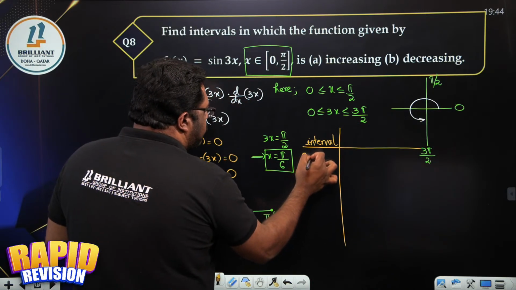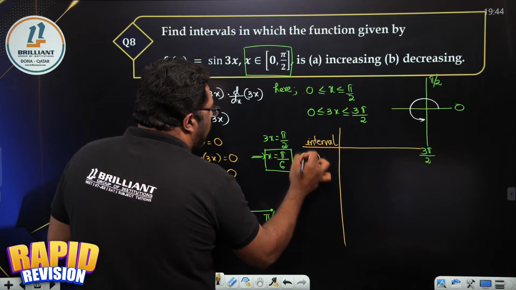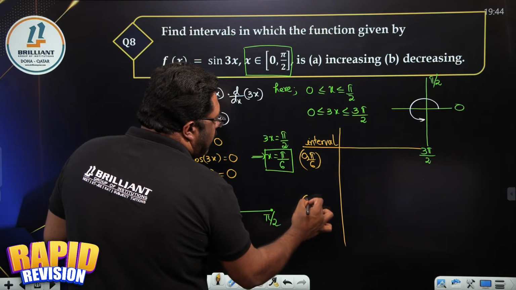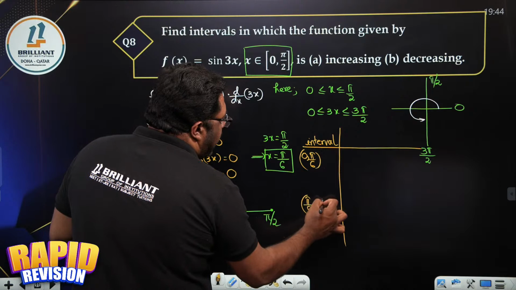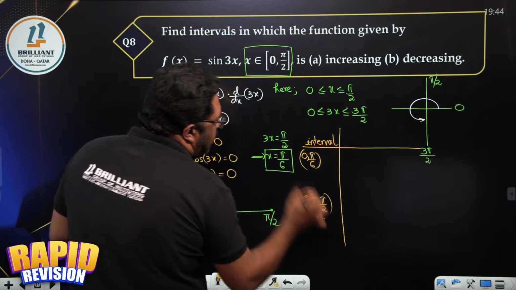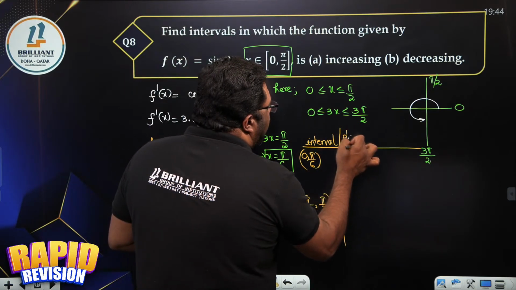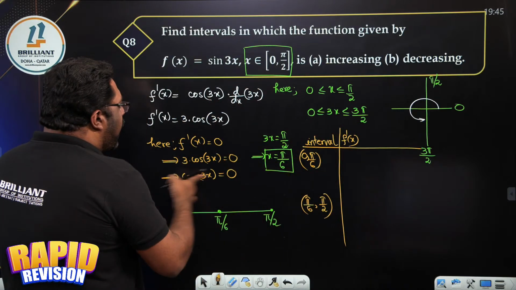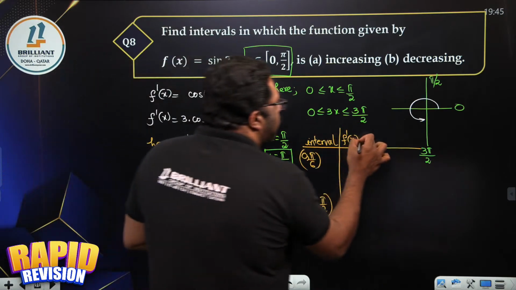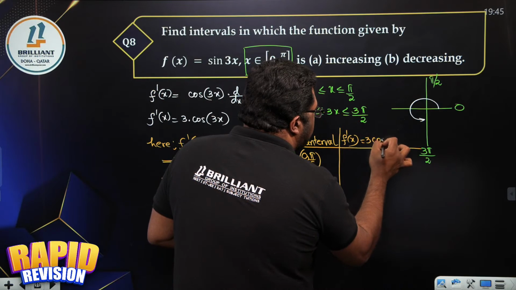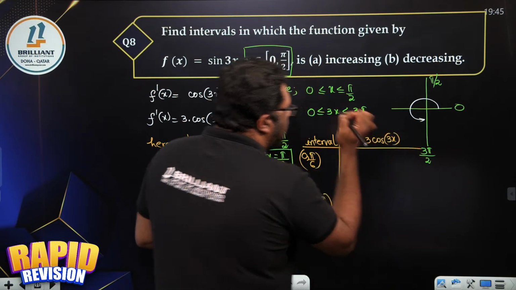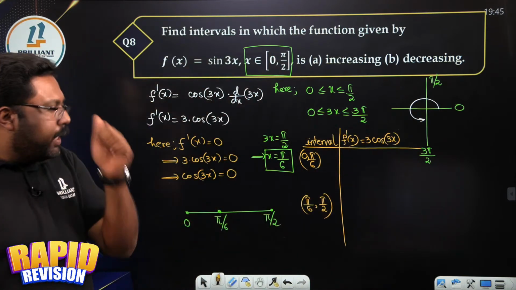First interval 0 to pi by 6. Second interval pi by 6 to pi by 2. What is your f dash? Your f dash is 3 cos 3x.